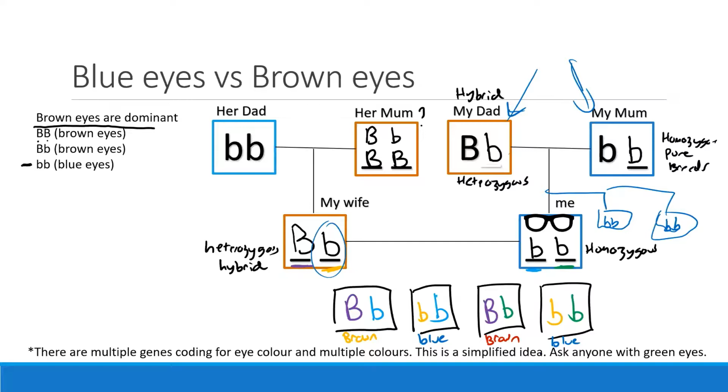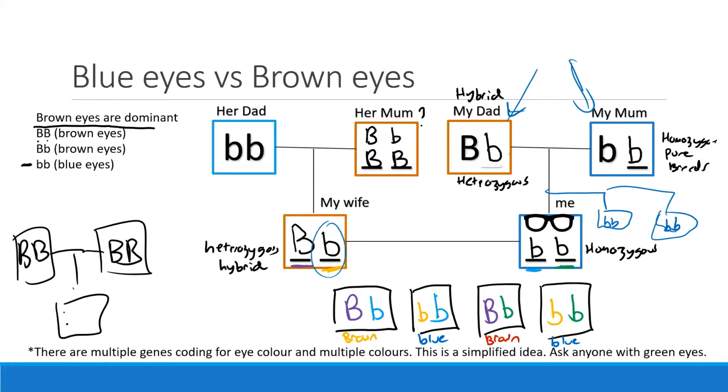If your parents have 2 dominant brown eyes and then they have a child which has blue eyes, that doesn't work. That's not possible.